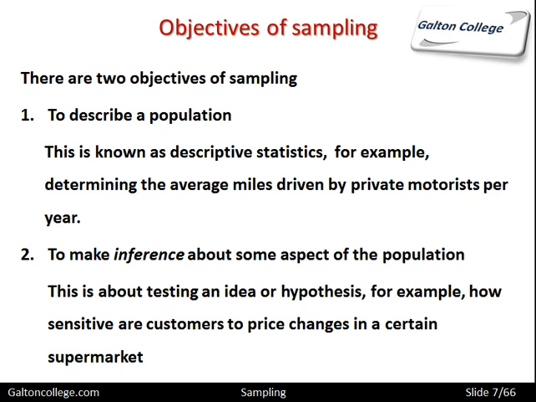They have a hypothesis that states that if prices increase, then customers visiting this particular supermarket will stop going there. That's the hypothesis. And statistics could be used to test that. These are inferential statistics.